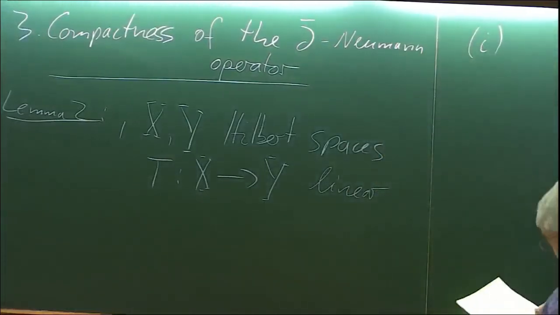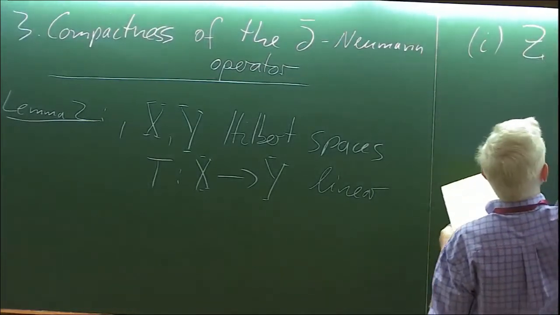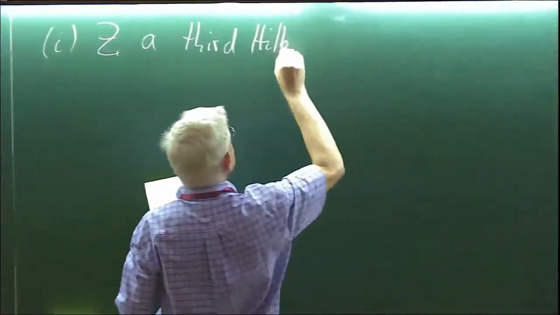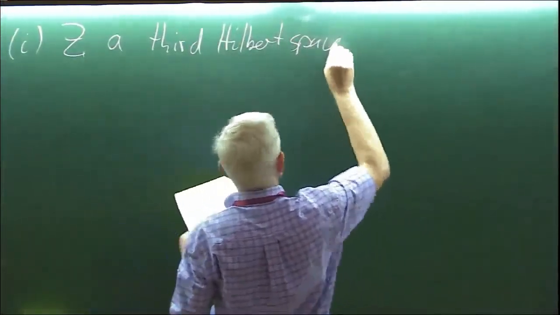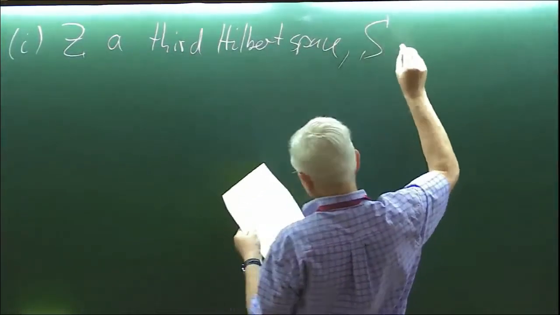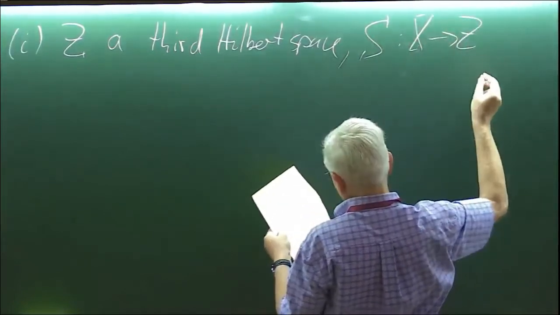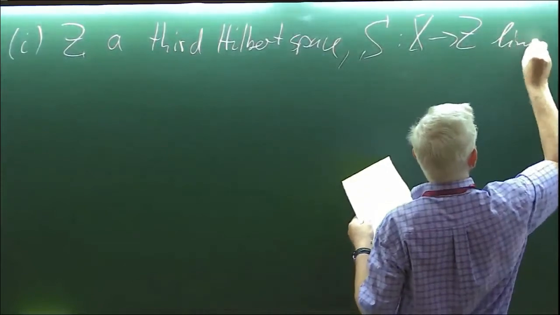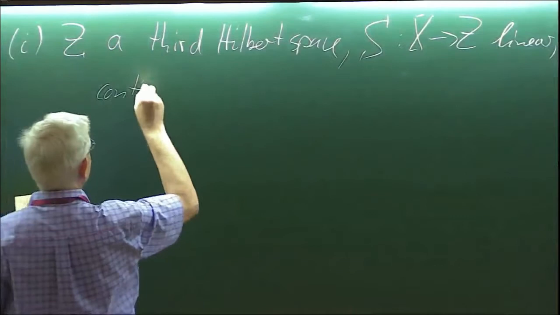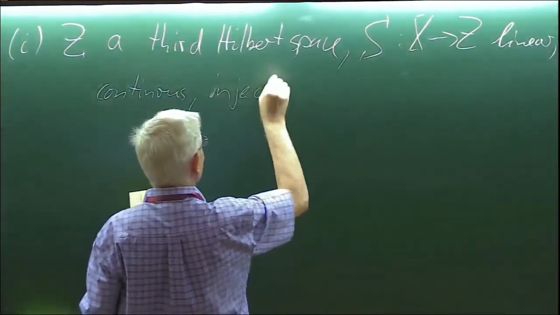The first one is the following. If you have a third Hilbert space, Z, and a linear, continuous map S from X to Z, and the important part, it should be injective.